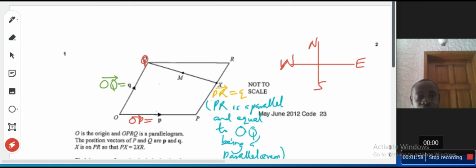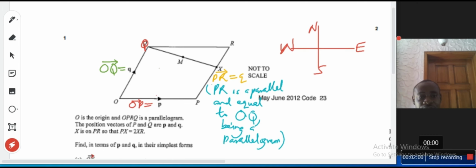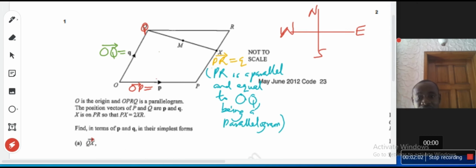Now, look, this question says, find in terms of small letter p and q in their simplest form vector QX. QX means from Q to X, because the arrow is pointing to X from Q. So we are going to walk from Q to X. But if you are working with vector, I have said that you must follow known paths. We don't know Q to X. It's like a river.